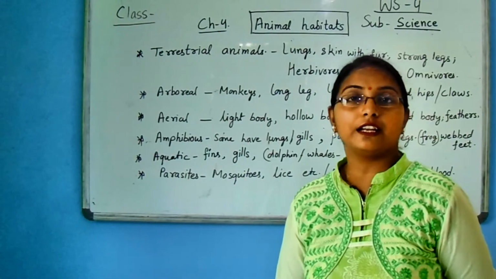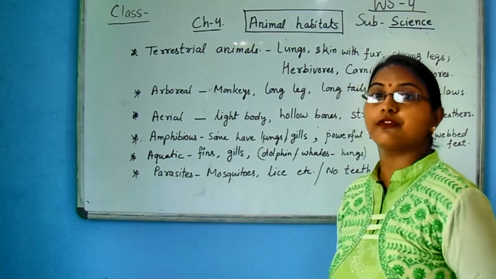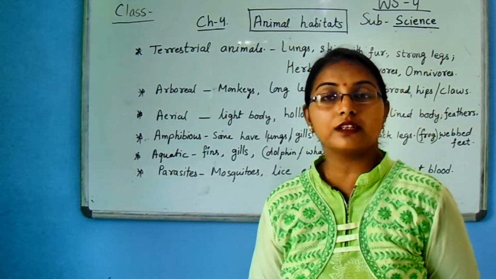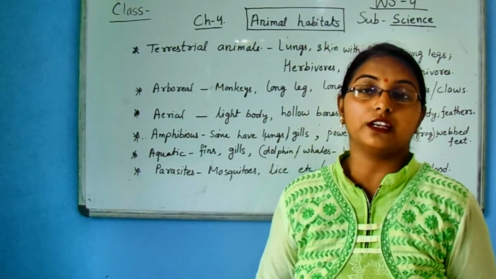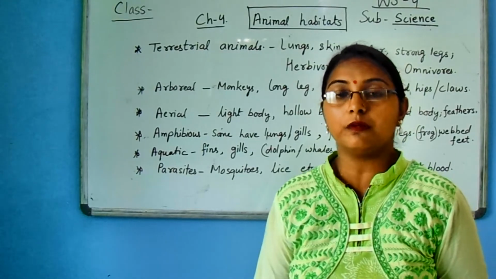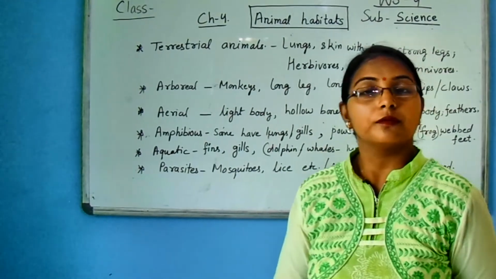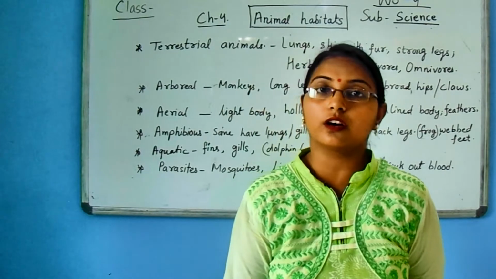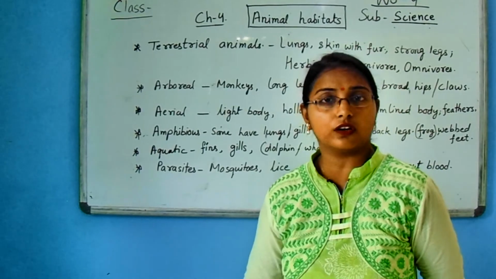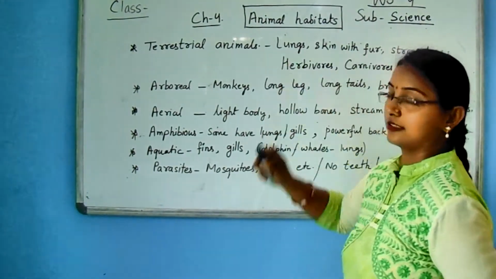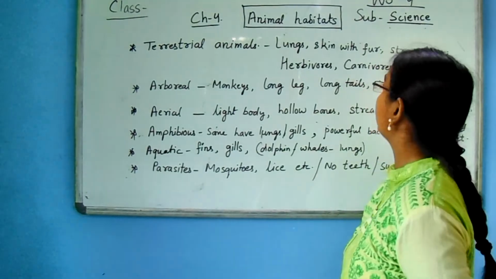Terrestrial animals that live on land are called terrestrial animals, and they have some adaptive features, some adaptations, that means some modifications so that they can live in their environment in the fittest form and comfortably. In terrestrial animals you can see many animals like cat, dog, polar bear, and also camels, elephants and so on. These have lungs for breathing.